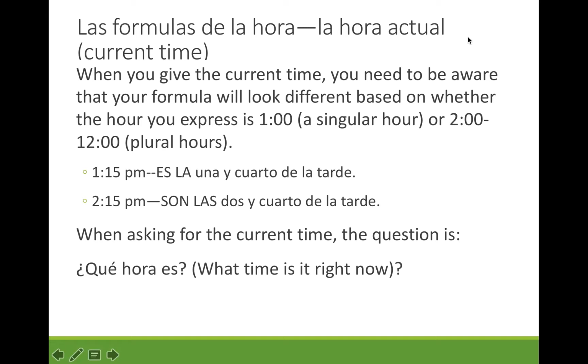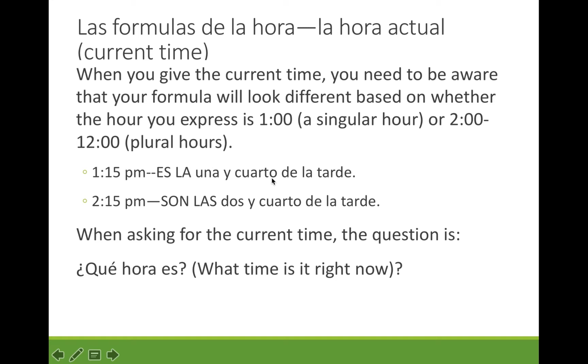Actual will be a false cognate because it means current time, the time right now. When you give the current time, you need to check if the hour you're describing is 1, which is singular, or 2 through 12, which are plural hours. Because if it's 1:15, 1 is singular, so we're going to use es. La, singular.